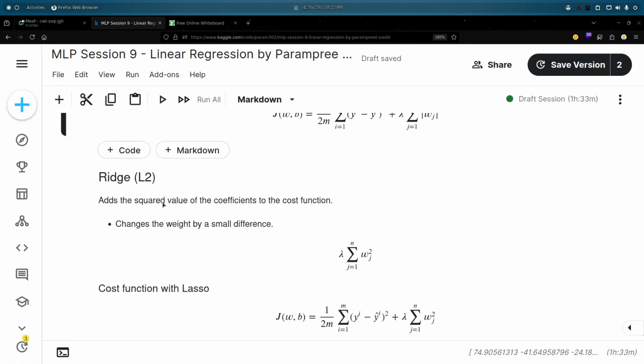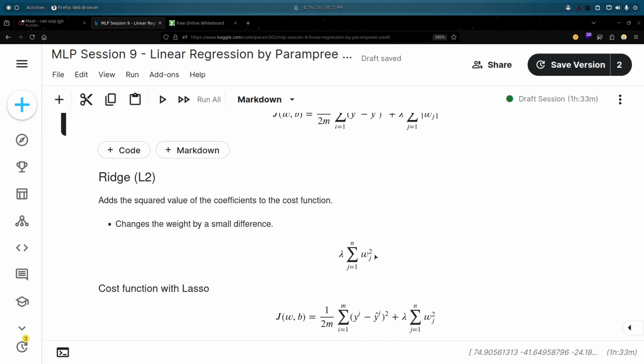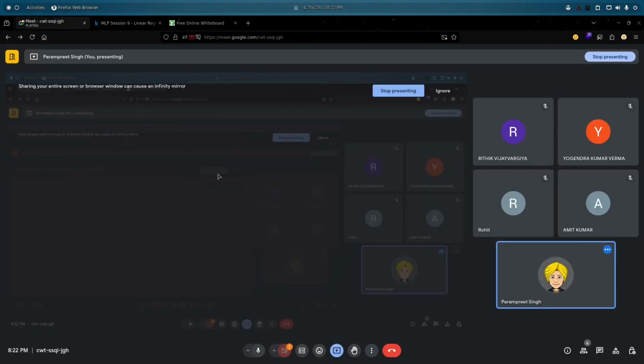And then we have another regularization, which is ridge, which basically squares the w. Why are we doing the regularization? Because when we have a lot of features, we don't know which features are more useful or which features should work better with our model.